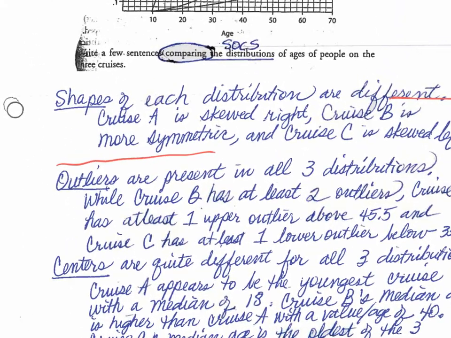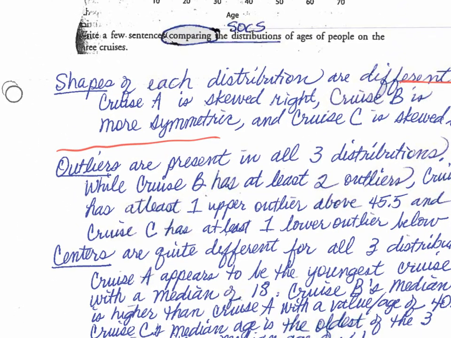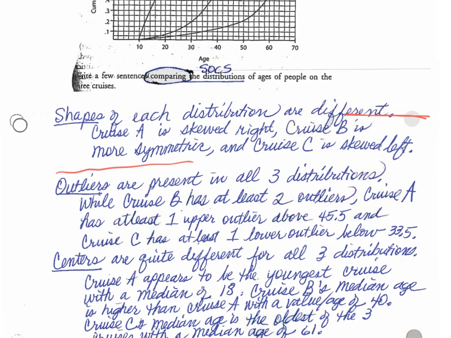Outliers. I first connected them together. I said, outliers are present in all 3 distributions. While cruise B has at least 2 outliers. How do I know it has at least 2? Why am I saying at least 2 and not just at least 1?